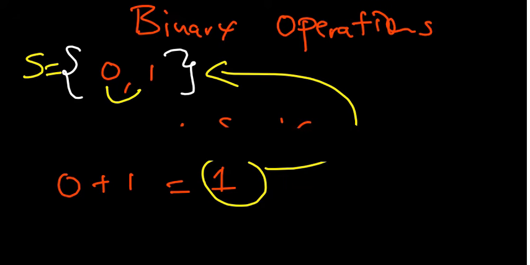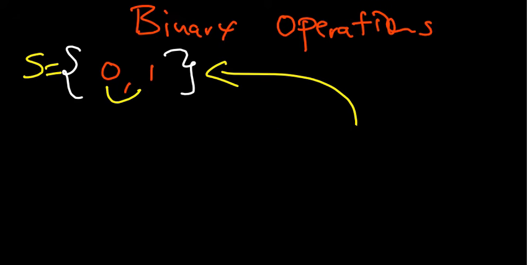Of course, we can disqualify the others. If you try multiplication in this case, 0 times 1 is 0. 0 is within the set, so even multiplication is a binary operation on that given set. Think of division. Division is actually never going to be a binary operation on this set.